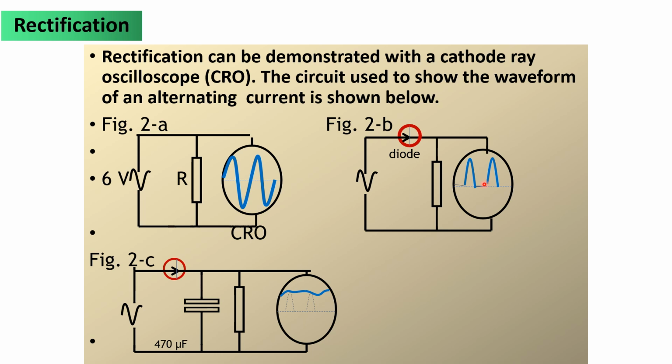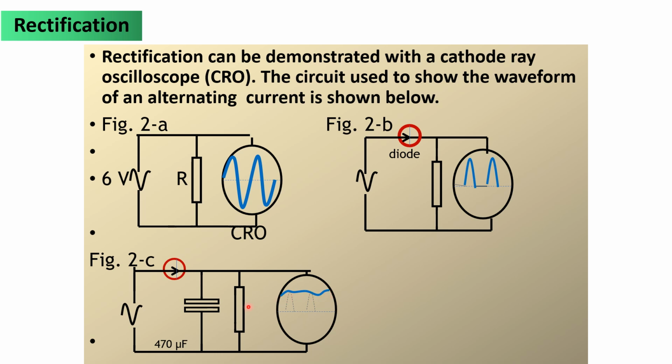All right. But when a 470 microfarad capacitor is connected this way, what happens is the variable direct current can now be made as uniform or as steady as possible.